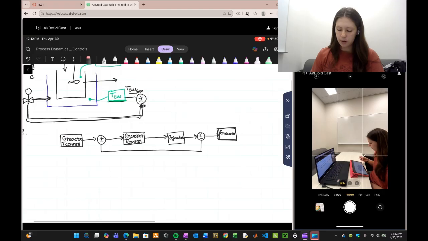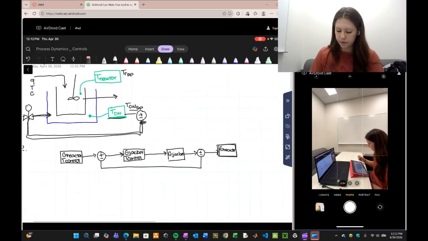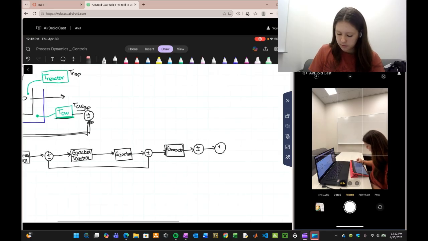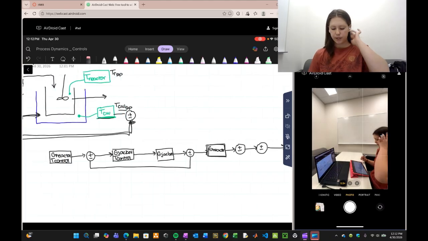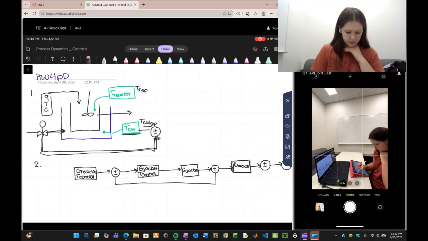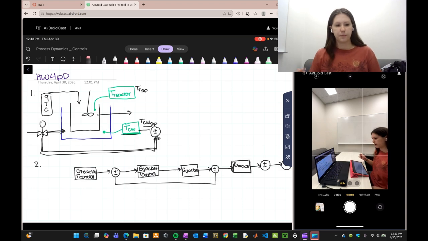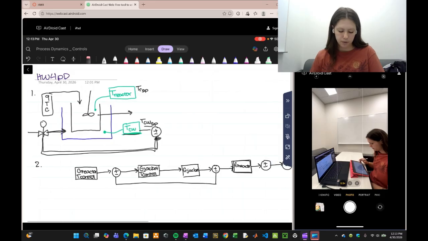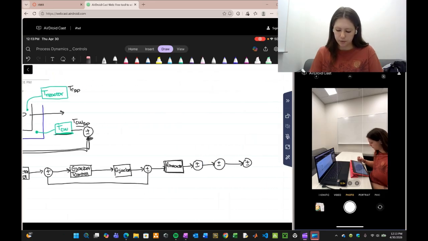And so now we're going to have a series of 3 other controllers over here. And the reason we have 3 is related to the 3 parameters that I talked about earlier, the 3 parameters that can be controlled with the flow that is going into the reactor. So first, let's just say this first one is temperature.